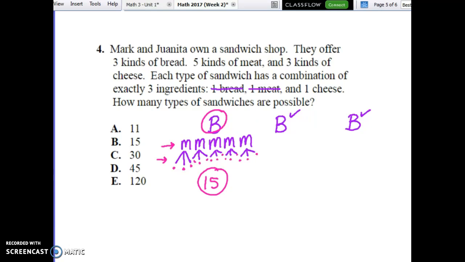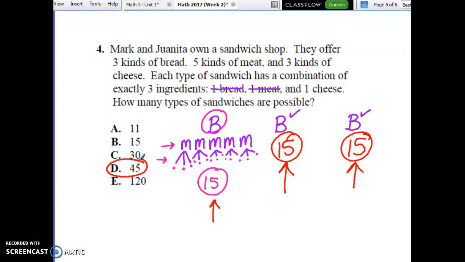But then the second type of bread is also going to have 15 possibilities. The third type of bread will also have 15 possibilities. So if you take the 15 possibilities from the first type, added to the 15 for the second type, and the 15 for the third type, in all, there are 45 possible combinations for sandwiches.